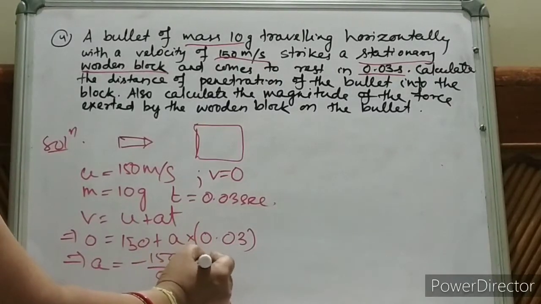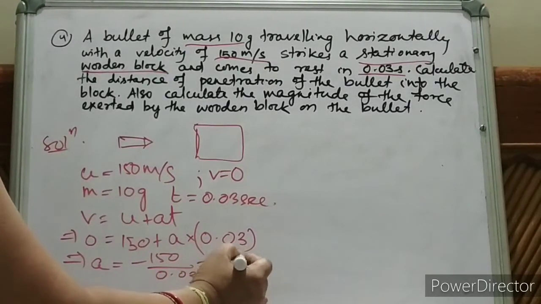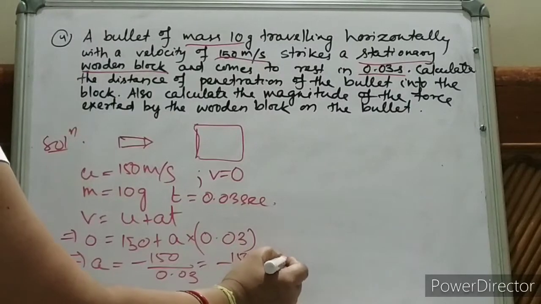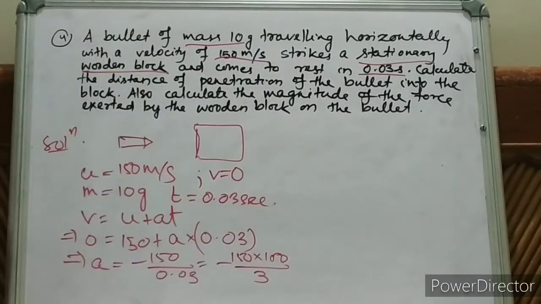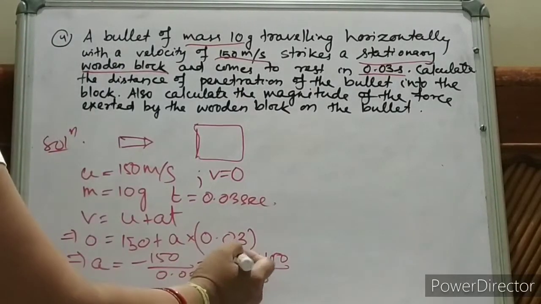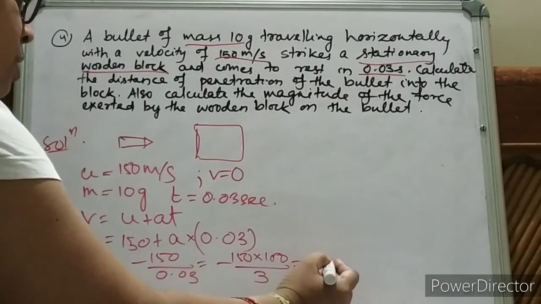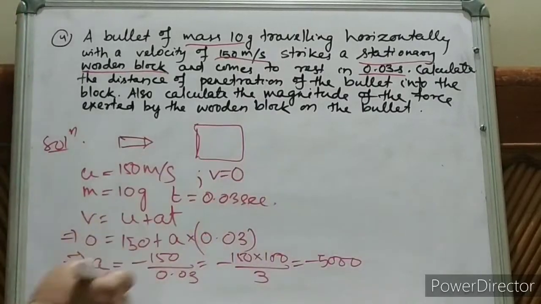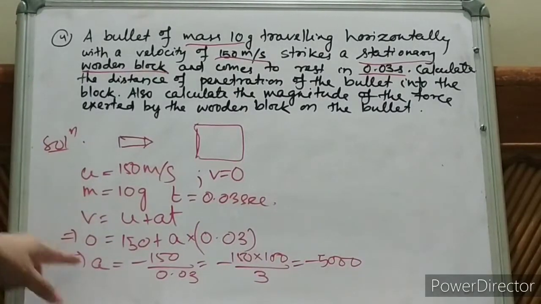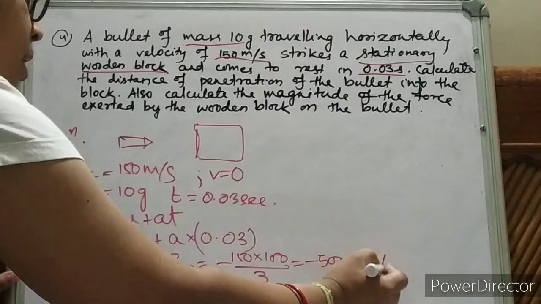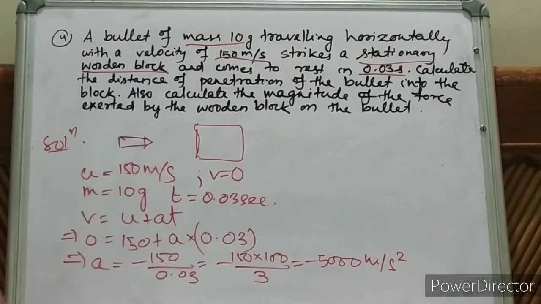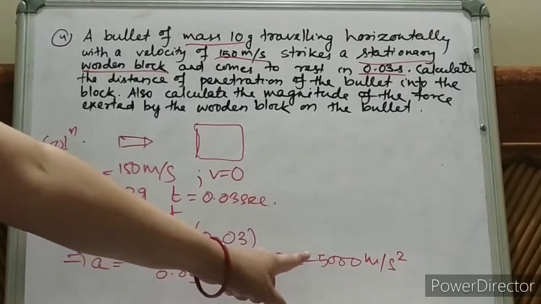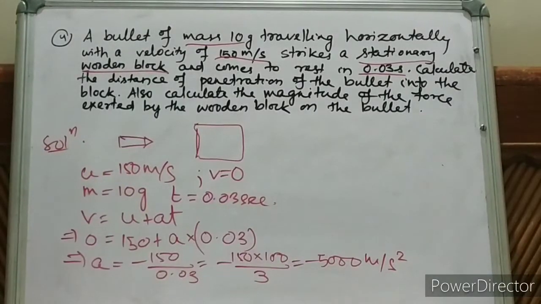So multiply by 100, let me write 150 into 100 by 3. So you will get how much? minus 5000 meter per second square as your acceleration. Is it clear? So this is the acceleration of the bullet.